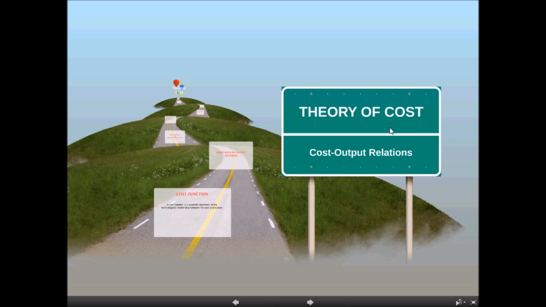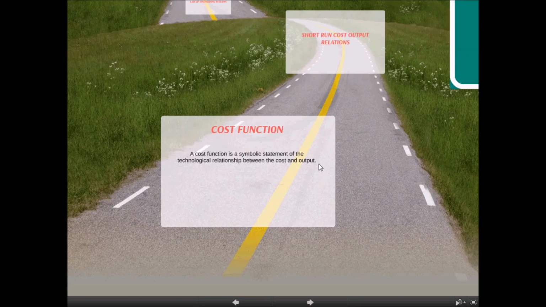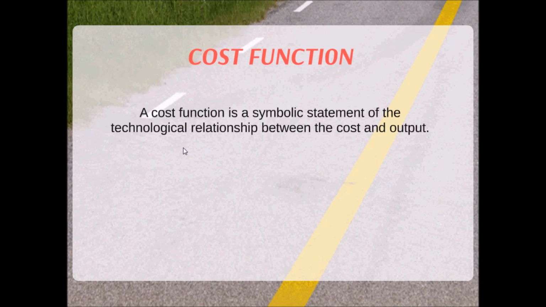But here, in this session, we'll be analyzing not the absolute change in the cost of production, but the marginal and average change in the cost of production. The direction of marginal and average change in the cost of production is determined by the cost function.